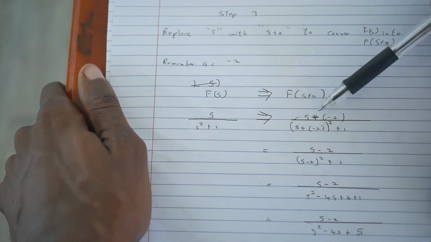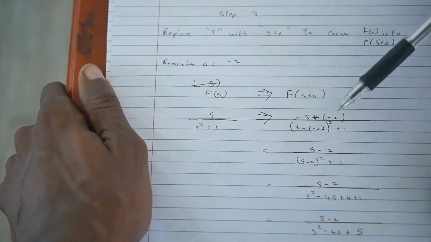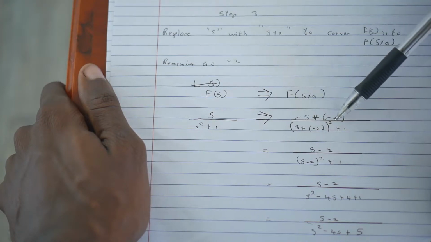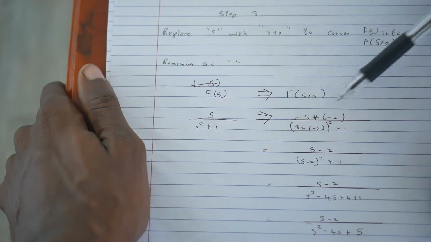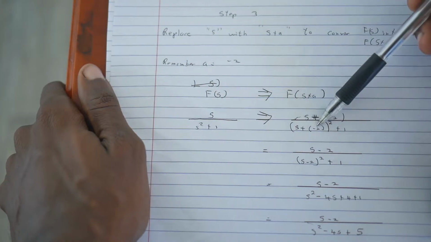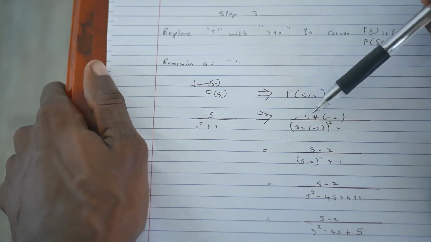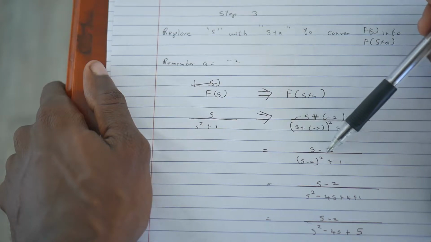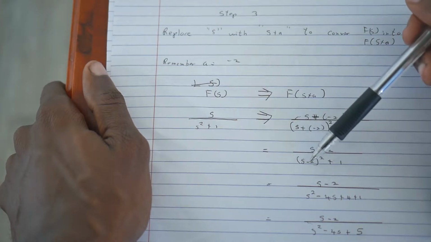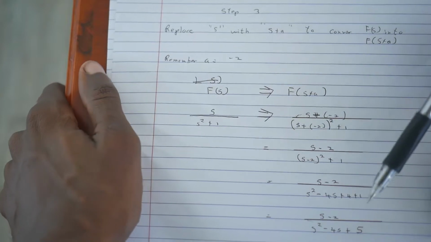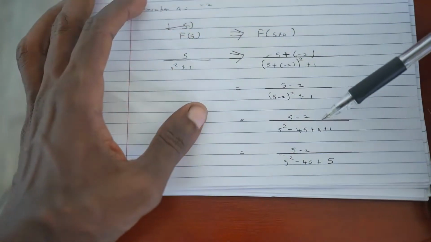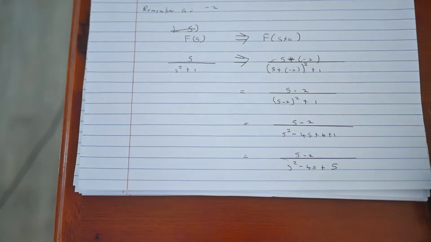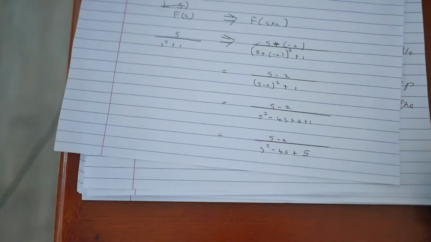So I have to put s plus negative 2, over s plus negative 2 squared plus 1. So this will be s minus 2 divided by s minus 2 all squared plus 1. And then we just expand the brackets and finish. As easy as that.